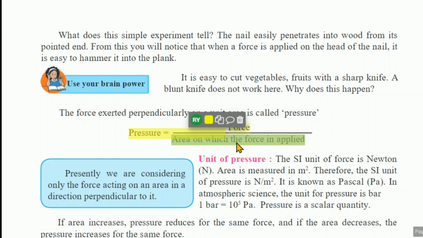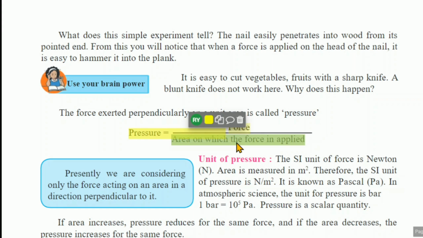The SI unit of force is Newton. Area is measured in meter square. Therefore, the SI unit of pressure is Newton per meter square. It is known as Pascal, that is Pa.